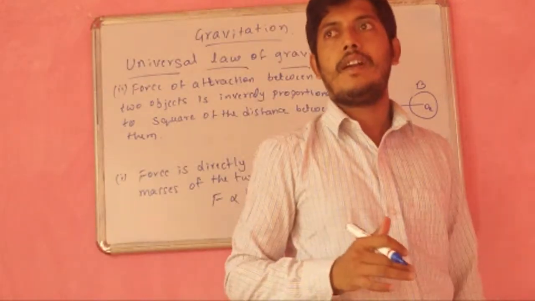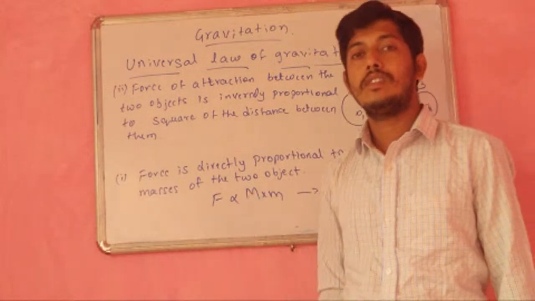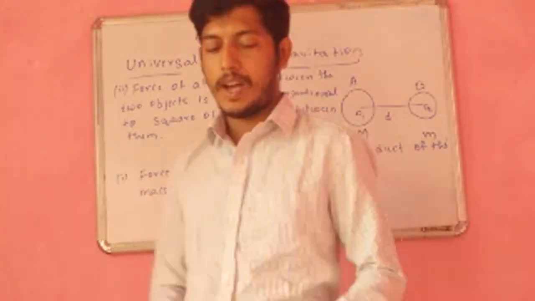So the force of attraction between the two objects is inversely proportional to the square of the distance between them.